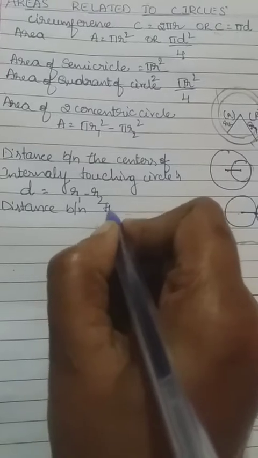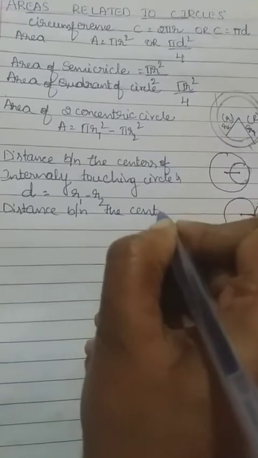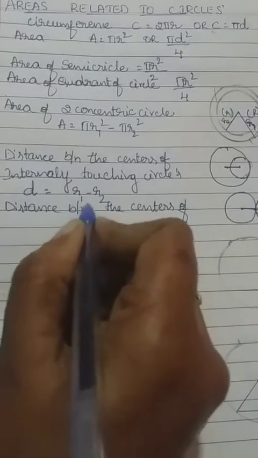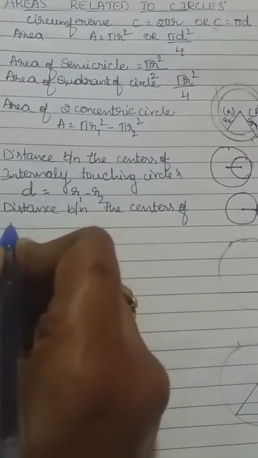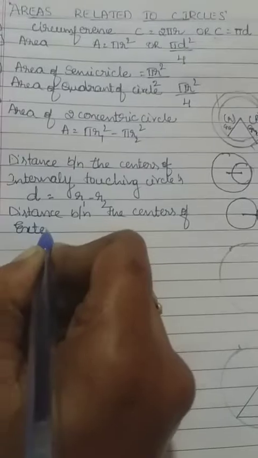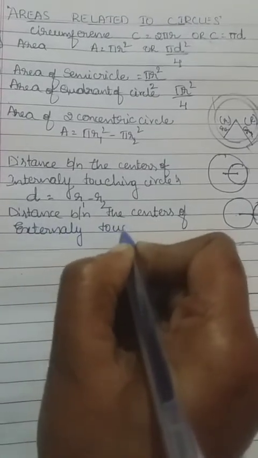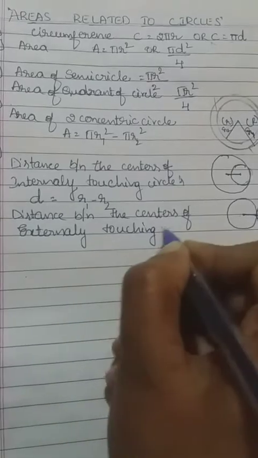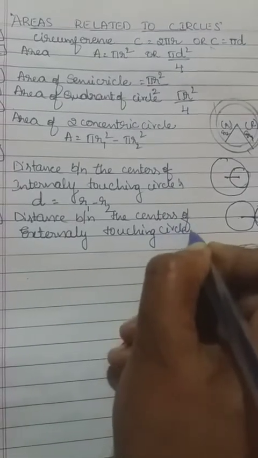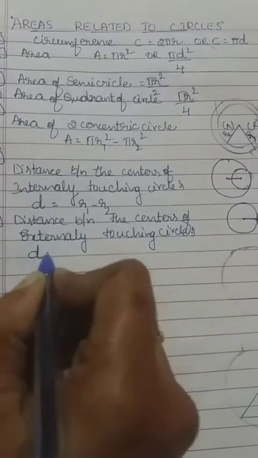Distance between the centers of externally touching circles is d. Here also we can take d.